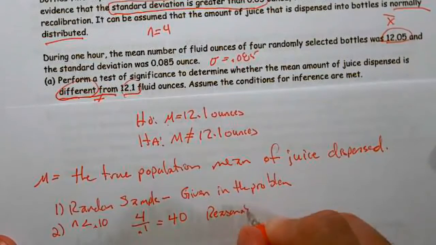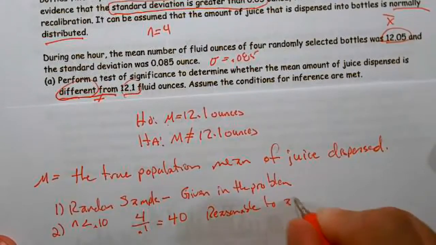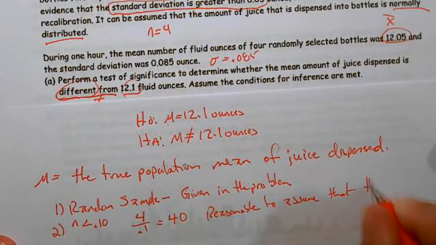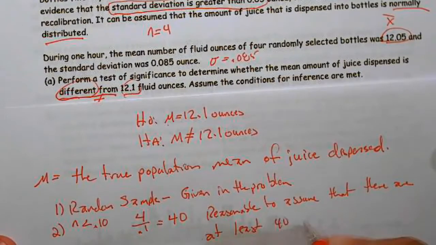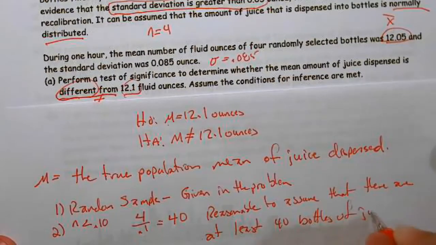Reasonable to assume that there are at least 40 bottles of juice produced an hour. I'm sure they produce thousands in an hour.